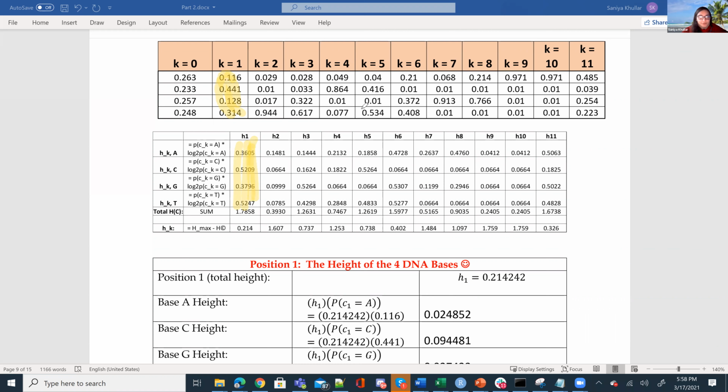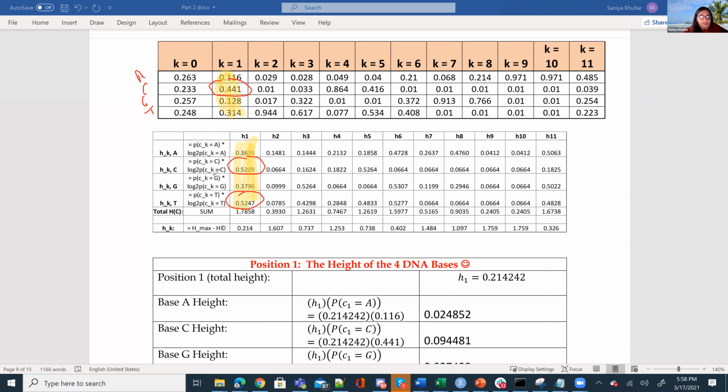So what you're going to find is that in this first spot, we're really likely to have, this is our A, C, G, T, we're really likely to have, let's say, a C in this spot here. So that's why this is higher, and these values are higher as well in general.